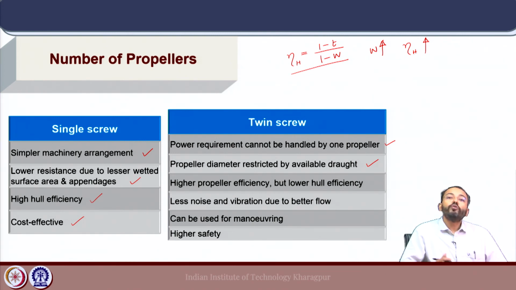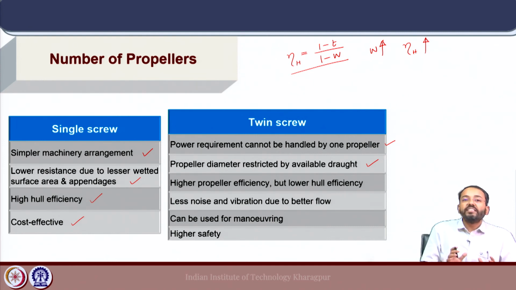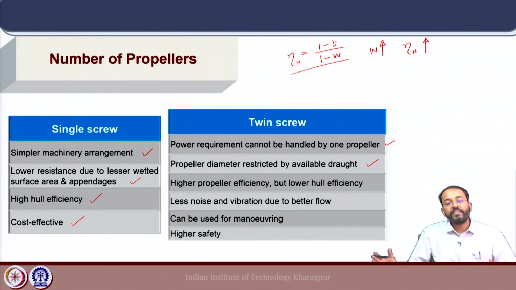Now, also that will lead to lower pressures at certain regions on the propeller blade, because under cavitation we have studied that if the thrust loading is very high, that leads to cavitation occurrence. So, in these conditions, if the power requirement is high and the propeller diameter is restricted by the draft and vessel design, then twin screw propulsion system is chosen.